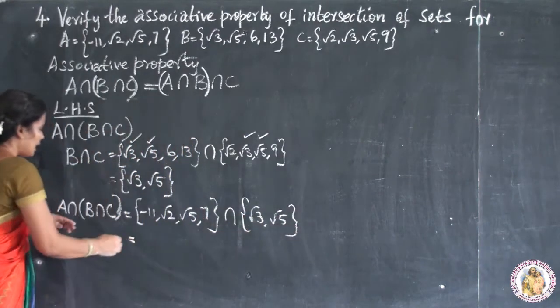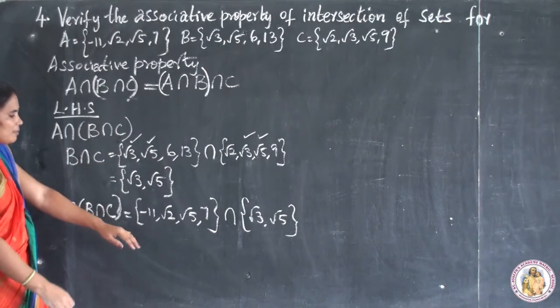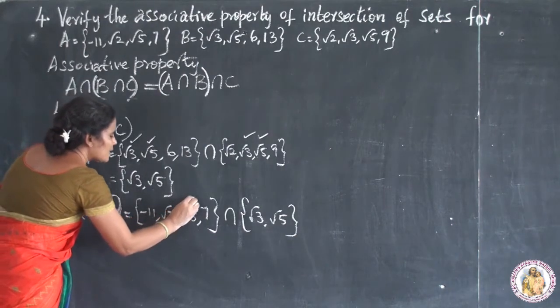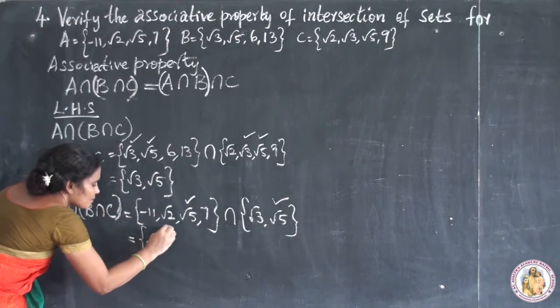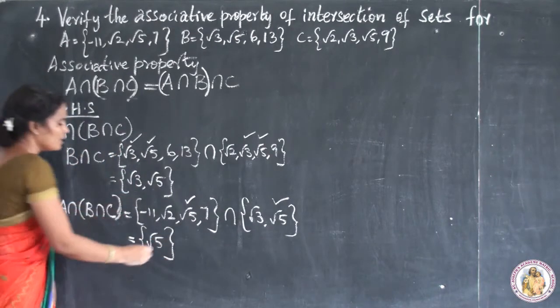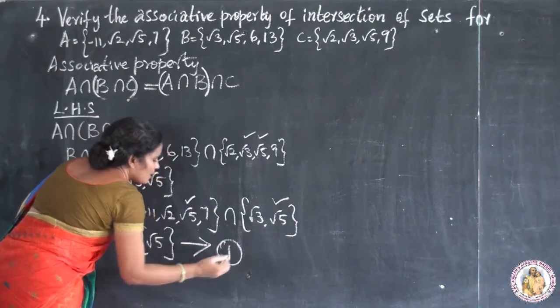Intersection: write only the common element. Here we have the common element root 5. So root 5. Taking this as 1.